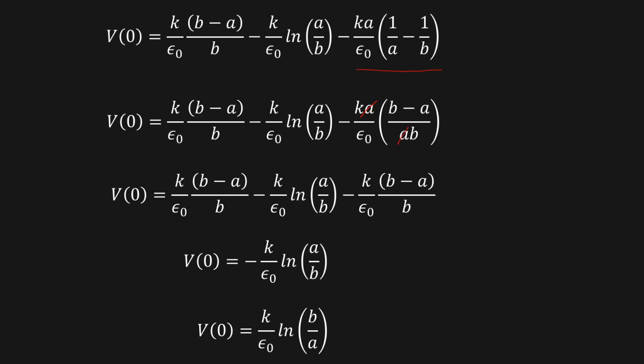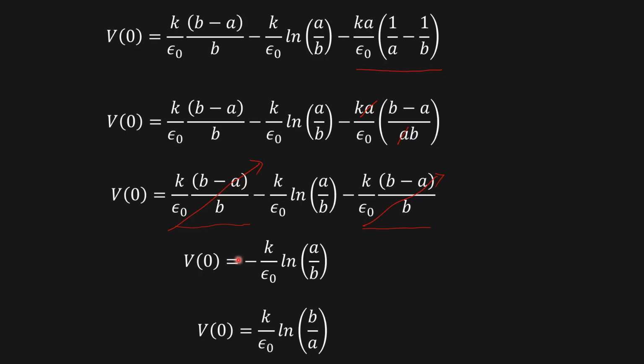The first term is this one, K over epsilon naught (P minus A) over P. The last term is also the same. The magnitude is the same but the direction is opposite. So this and this will get cancelled.